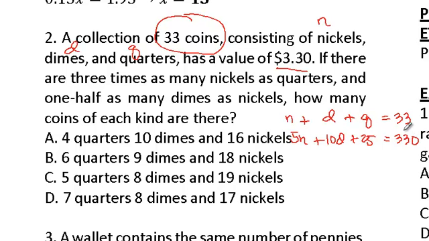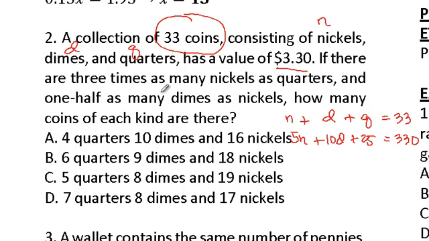What else do we need? We need one more equation, right? How many coins of which kind are there? This one: there are three times as many nickels as quarters. So how do we write that?